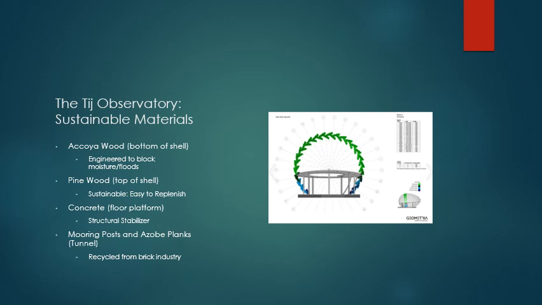The next part of the egg, which is the top shell, is made of pine wood, and this was used because it's sustainable. It's easy to replenish in the forest because pine wood grows back quickly, so there is the least impact on the forest and its environment.